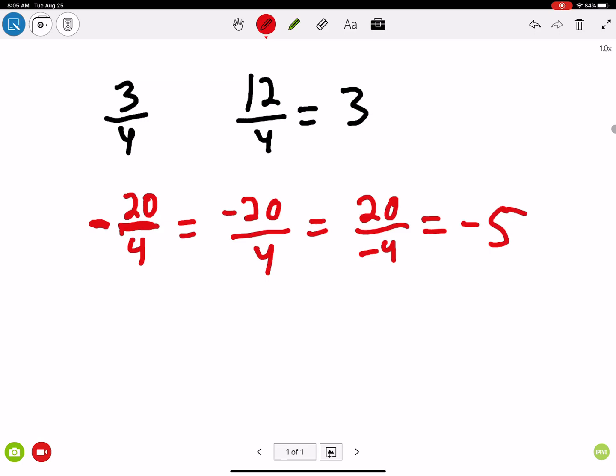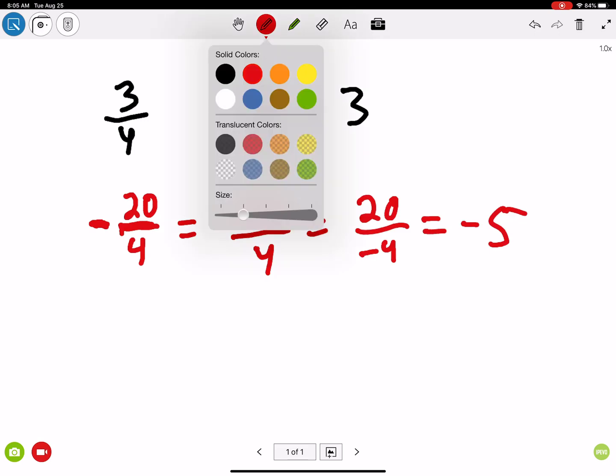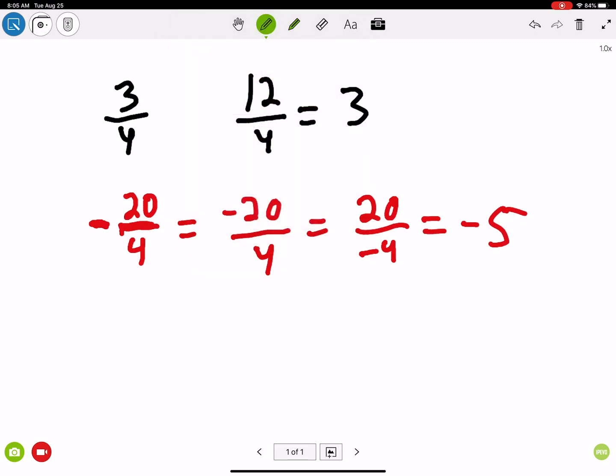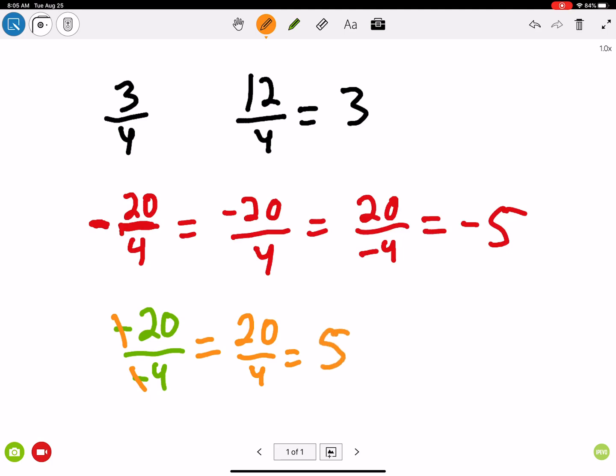The only time it's different is if I write it out this way. Negative 20 over negative 4. Now in this case, these negative symbols actually cancel each other out. And I'm left with 20 over 4, which just gives me positive 5. Okay?